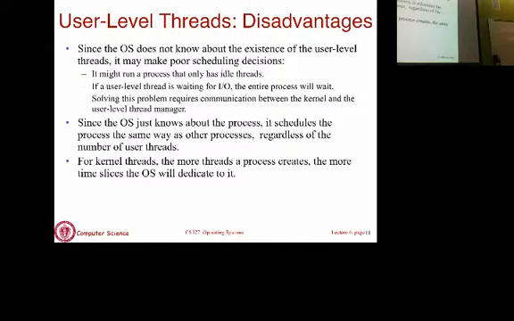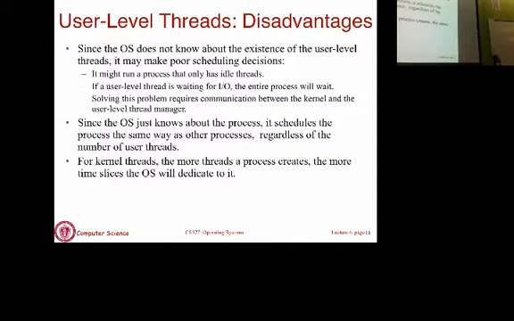Now, since the OS doesn't know about the presence of threads at all, it will not know that there is a second thread that is ready to run. So it will block the entire process if any one thread within that process does I/O, even though other threads are ready to run. So in user level thread packages, if one thread blocks, the entire process blocks.